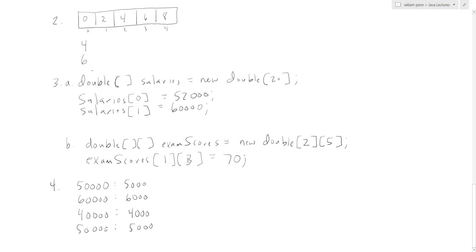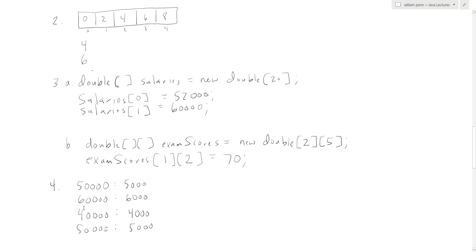And this is the fourth column because it starts counting at 0, so 0, 1, 2, 3. Oh, wait a second. I'm sorry. That should actually be 0, 1, 2. Another mistake, sorry about that. I'm looking at the quiz as I write this. All right, second row, third column. I think that's correct. So 1 and 2. We'll put the value 70 into the second row and the third column, because both of these start counting from 0 as usual.